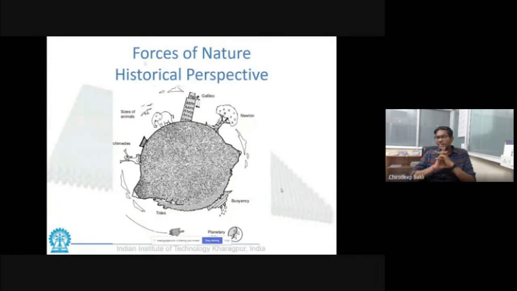So apart from gravity, there are typically three other major forces that operate in nature. One of them is the electromagnetic force, and the other two are the strong and weak forces. On a scale of our human body, mostly we would feel the forces of gravity. But as we go down, electromagnetic forces and the strong and weak forces, especially at the molecular scales, become very important.